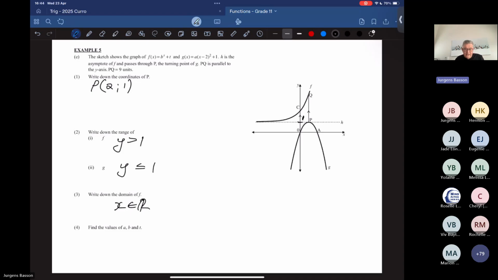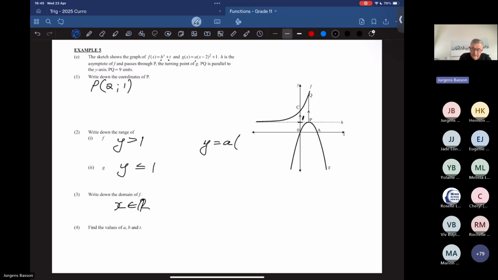And now they ask us to find the values of a, b, and t. b is that base, t is in the formula, and a. So they basically ask us to find the full equation of the parabola and the exponential. So let's start with the parabola. I think that is the easier one to do.